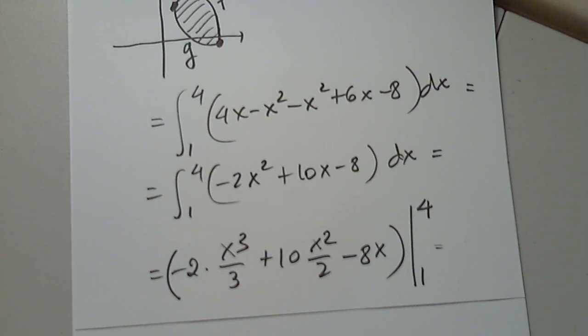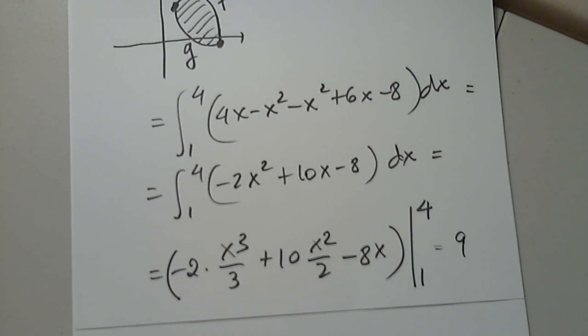Areas enclosed cannot be negative. Area can be negative if the function is under the x-axis, but the area enclosed between two graphs can never be negative.